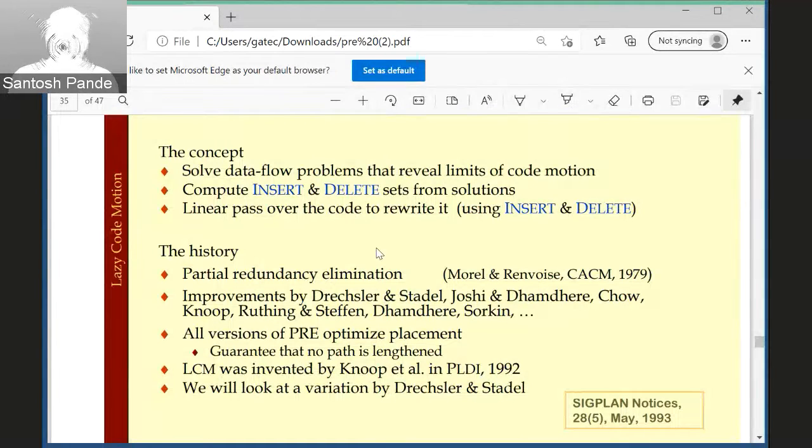And the problem in terms of lazy code motion was solved by Knoop in 93. So the idea here is to place this expression as late as possible because we don't want to hold the value of this expression for too long. So that is basically what we are going to see.